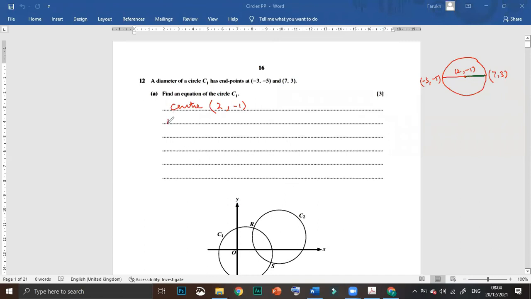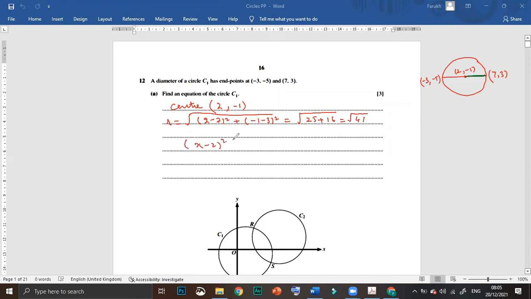That is, radius is equal to under the root (2 minus 7) whole square plus (-1 minus 3) whole square, which is 25 plus 16, under root 41. That is the radius.